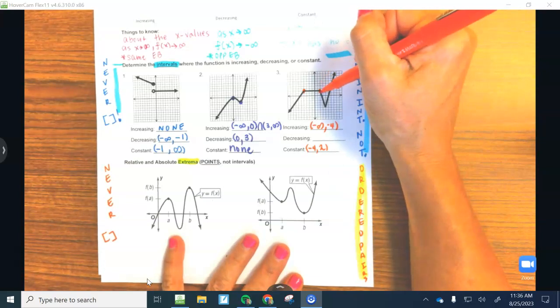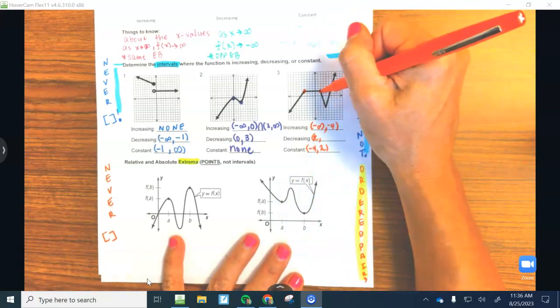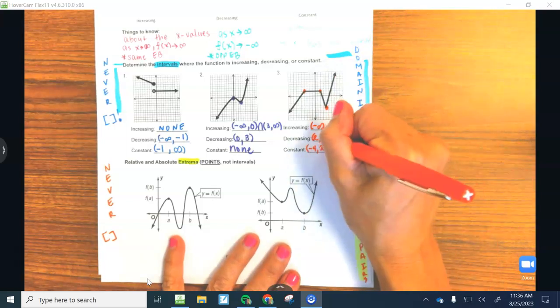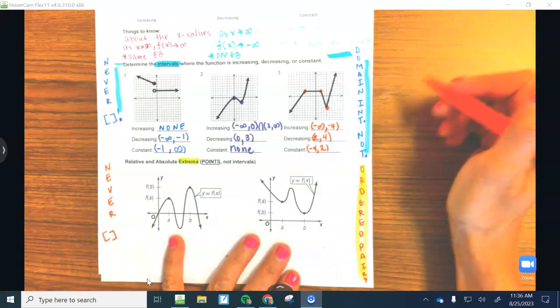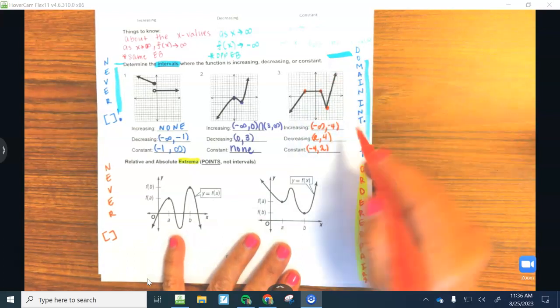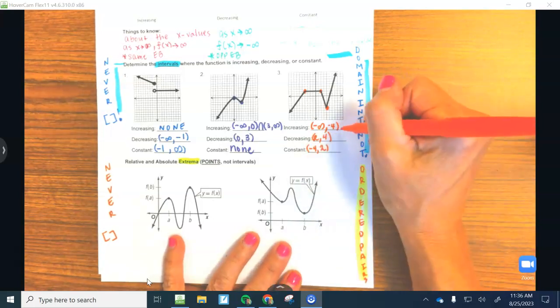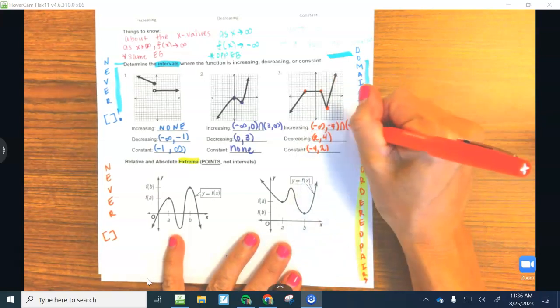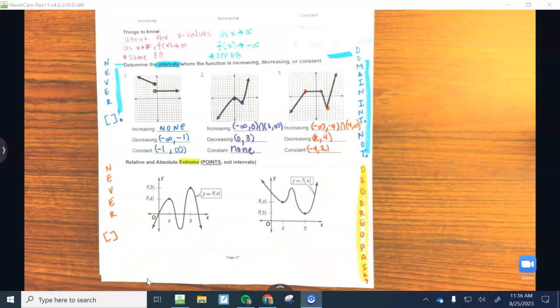After it hits 2, it goes down pretty quickly, from 2 all the way down to that point. So from 2 to 4, it falls, it decreases. But here's another interval where it increases. So it increases over the interval of negative infinity to -4, and it also increases from 4 to positive infinity. I have to write kind of small there because I ran out of room.